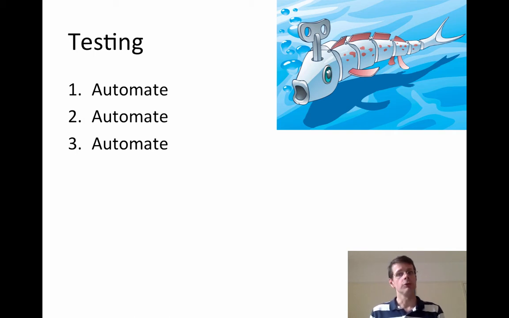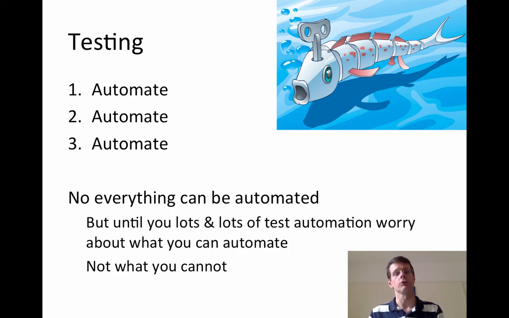It's true, not everything can be automated, but the time to worry about the stuff that can't be automated is when you have high levels of automatic test. Until you get there, don't worry about what you can't do, concentrate on what you can do. Make the testing automated, make it fast, make it frequent, you'll get the feedback all the quicker.